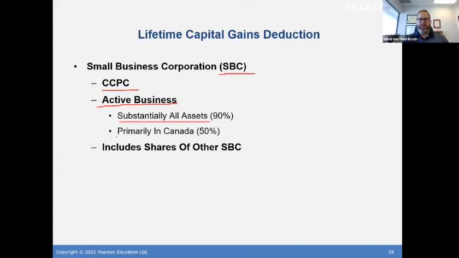And that active business is happening primarily in Canada, at least 50%. So that lingo, the word primarily means half or more. There's a significant chunk of what you're doing that is in active business, in Canada in this case.